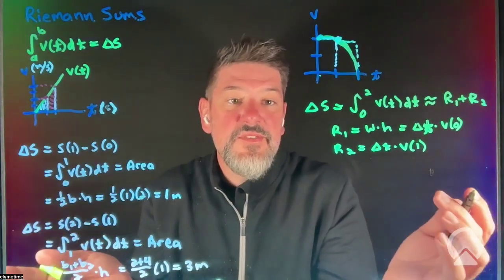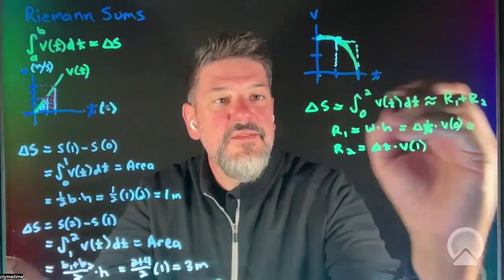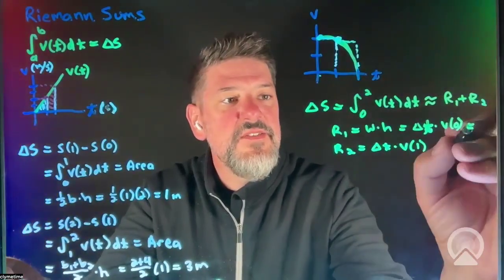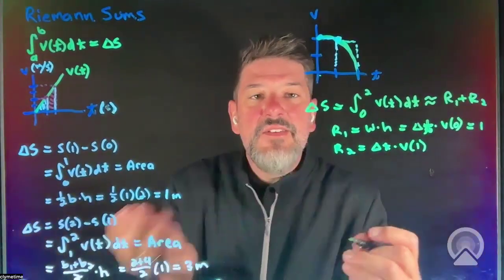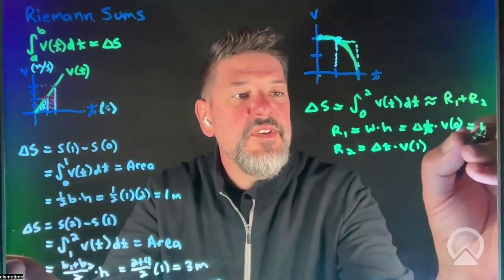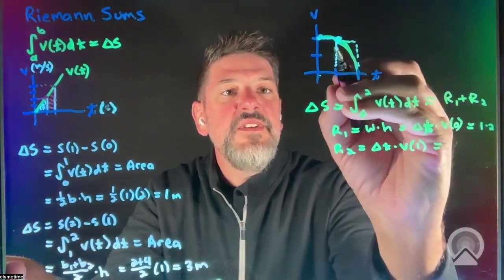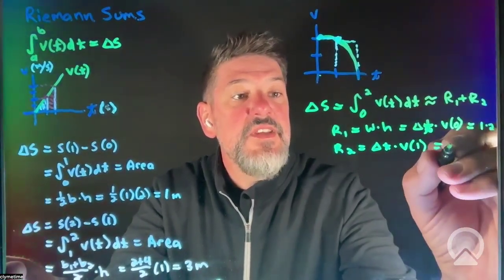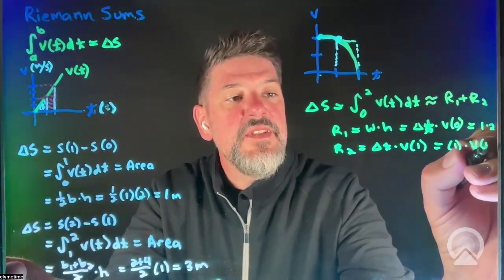And we actually know what those are, so I can evaluate that. Change in time is 1 because we can see this is 1, that's 2. And then the initial height, I do know that's 2, so I can say times 2. But on this one, I don't know what v of 1 is, so I can say 1, and then I'll just leave it as v of 1 because I don't know exactly what that is.